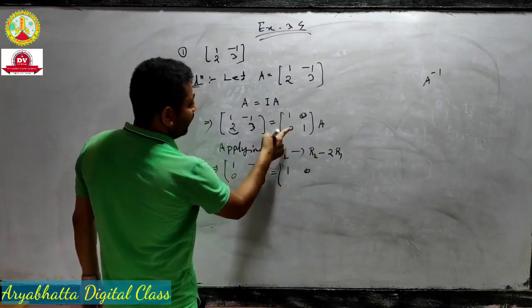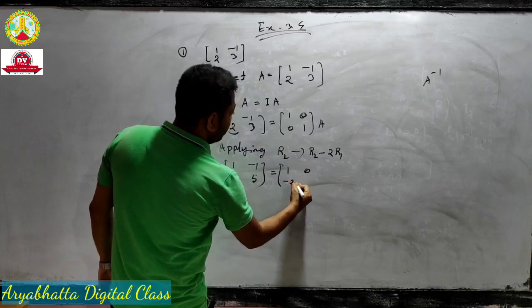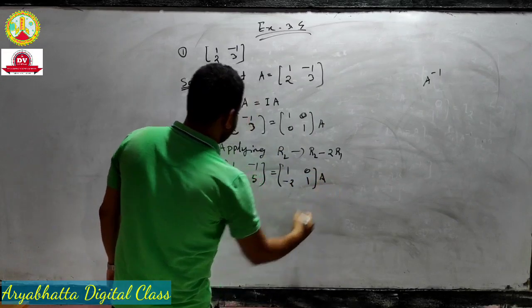Next, R2 minus 2 into R1 gives 0 minus 2 into 1, minus 2, and 1.